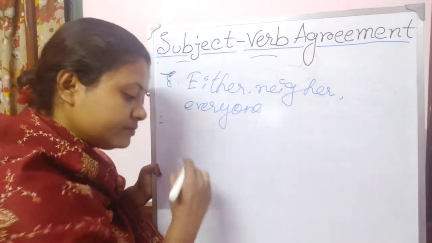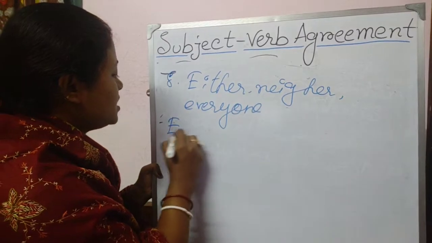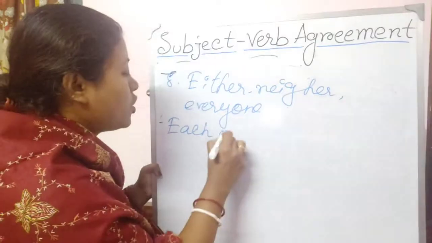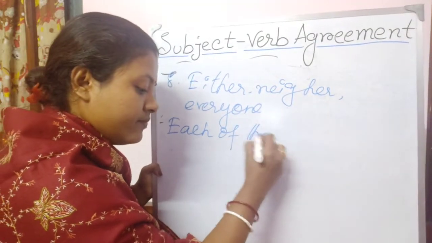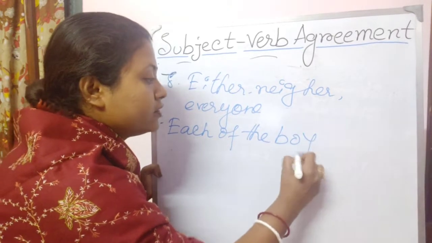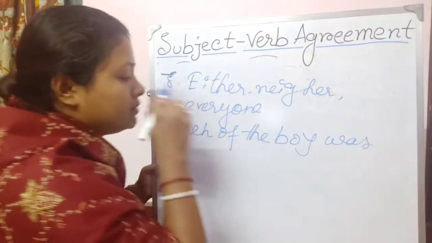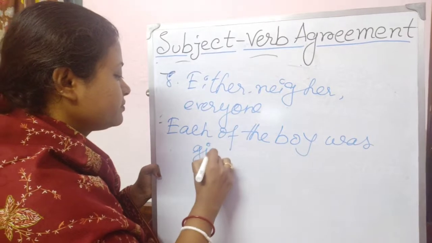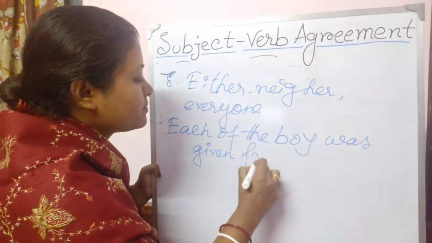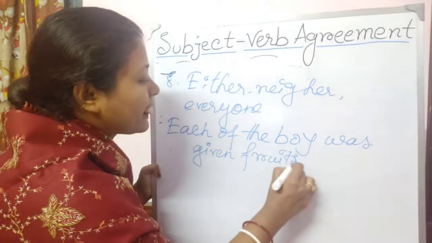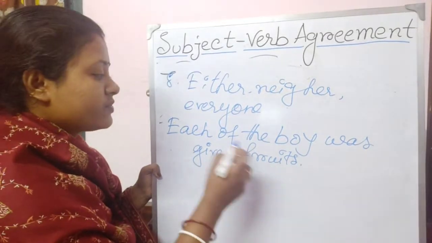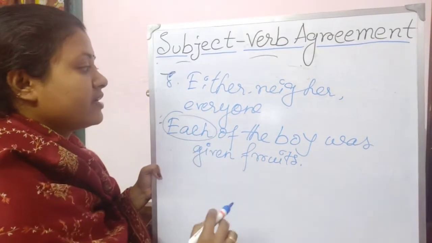For example, each of the boys was given fruits. So here the word each is there.